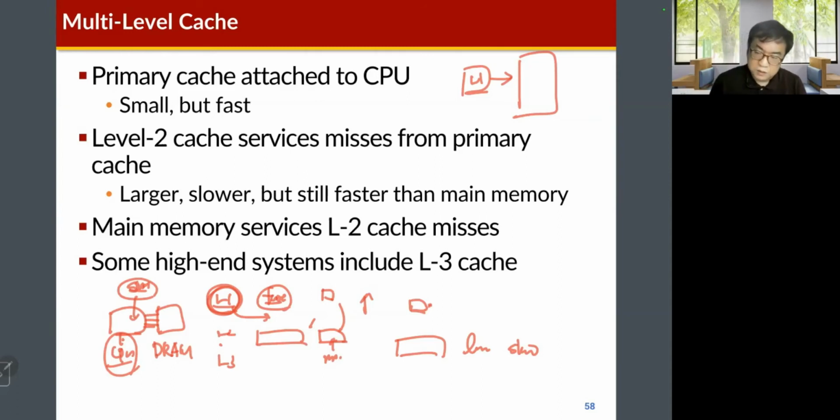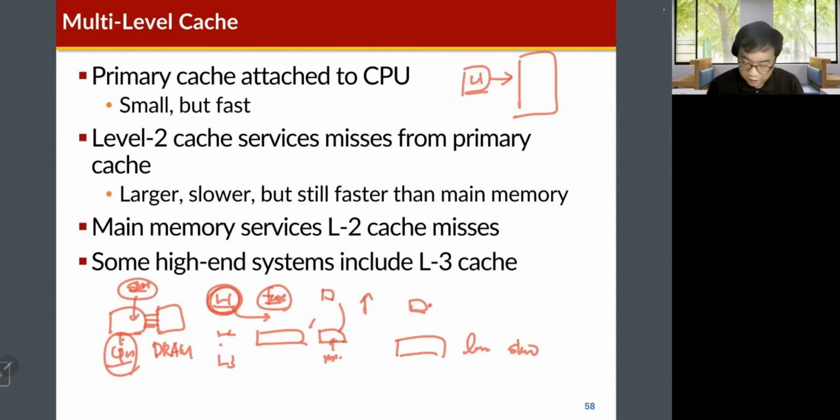So the miss penalty is high, which means the AMAT is also increased. So we use a multi-level cache hierarchy.